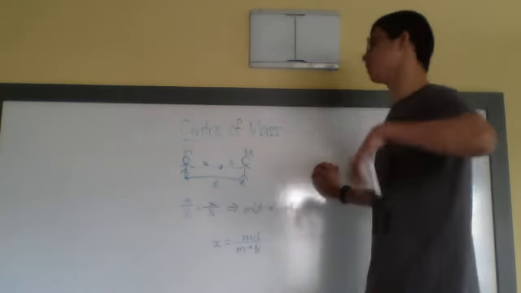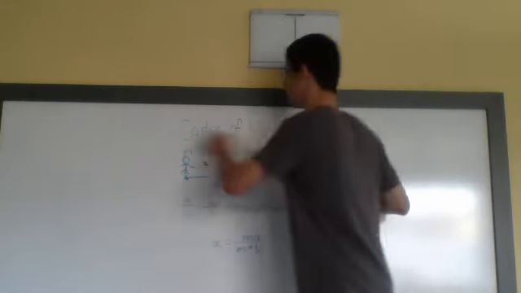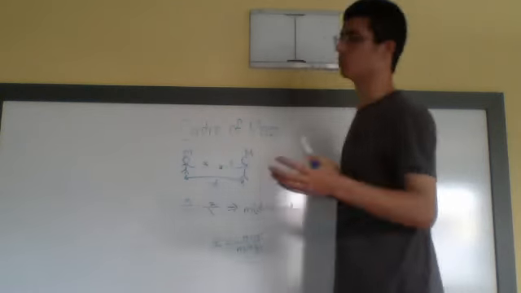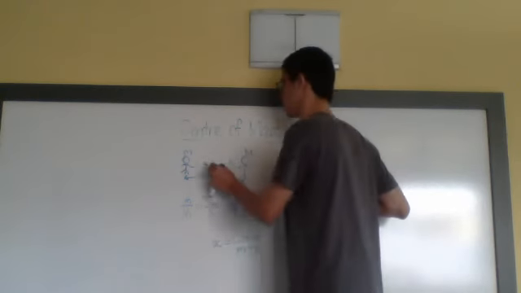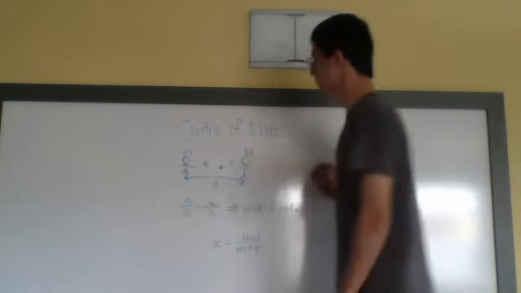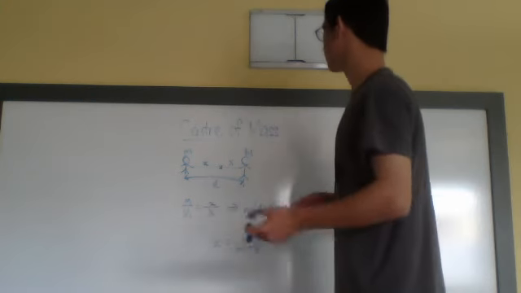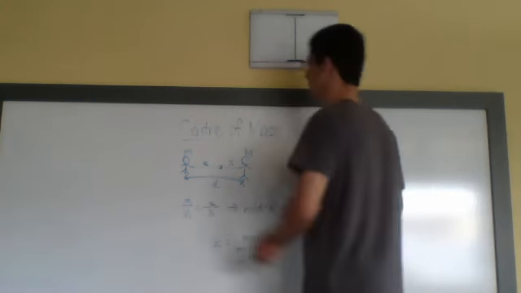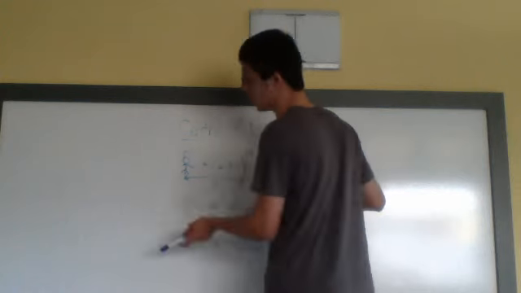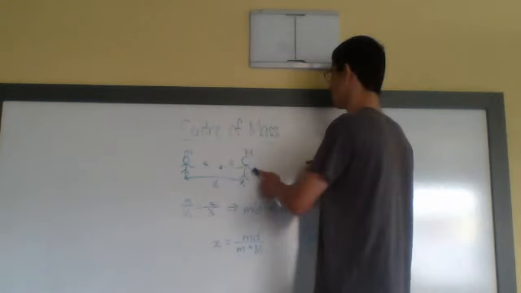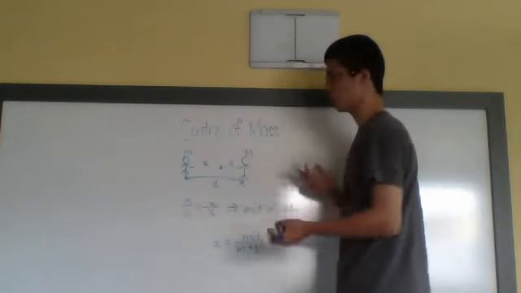Now, one astronaut is bigger than the other. So obviously, this system's center of mass is not going to be directly in between these two astronauts. So how are we going to find the center of mass? Well, take the mass of the smaller person as small m, and the mass of the larger person as big M. Okay?